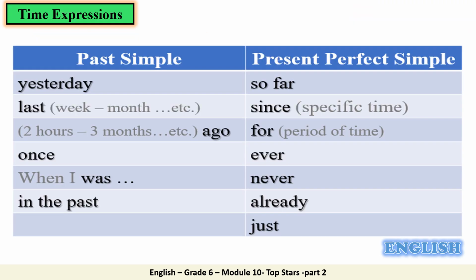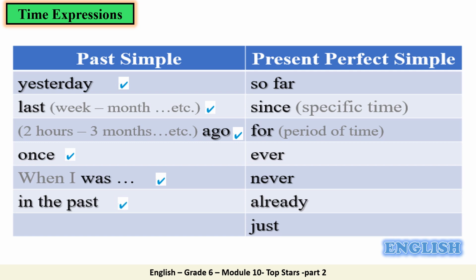Now, time expressions for both past simple and present perfect simple. Time expressions we use for past simple: here, for example, we have yesterday, last week, last month, last year, and ago. So 2 hours ago, 3 months ago, 2 years ago. And we have once, when I was, for example, when I was a kid, I played the piano, in the past, which refers to the past simple.